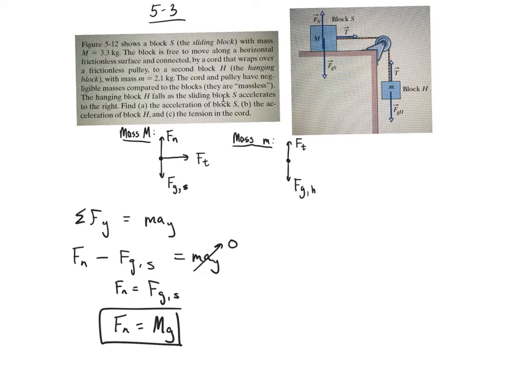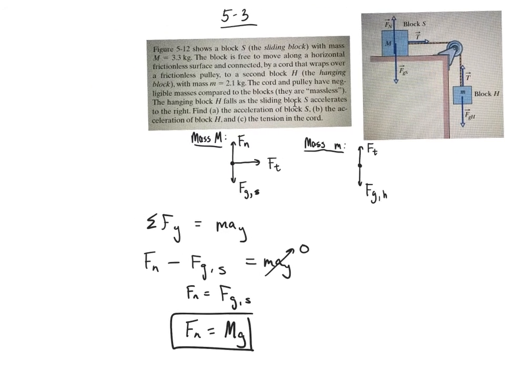Now, the x direction for mass capital M. Let's take a look at the x direction. I want to make sure I'm off the screen. Okay. So we have the sum of the forces in the x direction equals Ma_x. What's acting in the x direction? Only tension, and it's acting to the right.